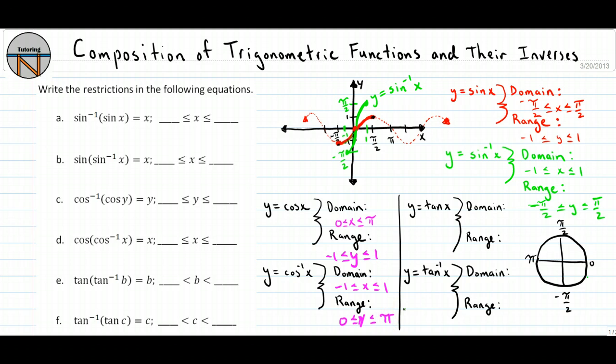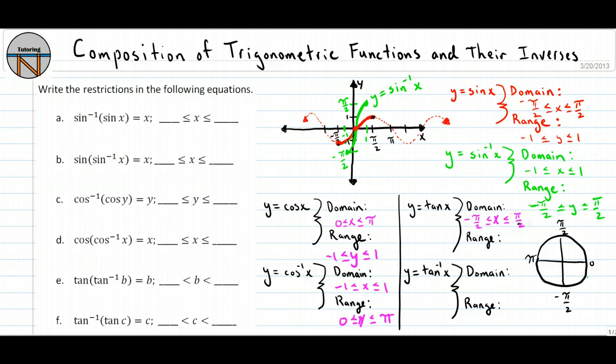All right, let's see. Tangent. The domain for the tangent function, well, if you recall, the parent graph has vertical asymptotes every pi over 2, at positive pi over 2 and negative pi over 2. So the domain here that we're going to restrict ourselves to is just one period of pi, or one period of tangent, which would be from negative pi over 2 to positive pi over 2.